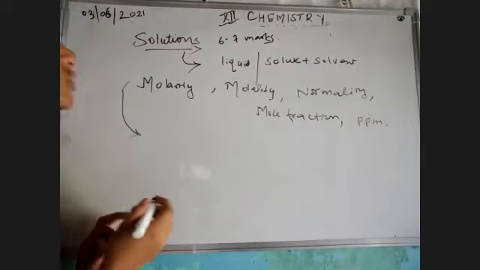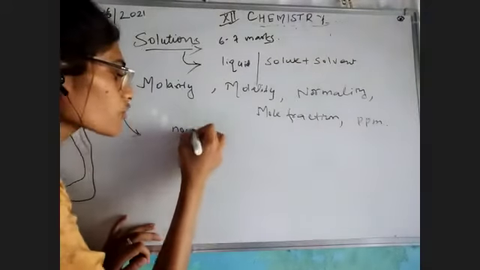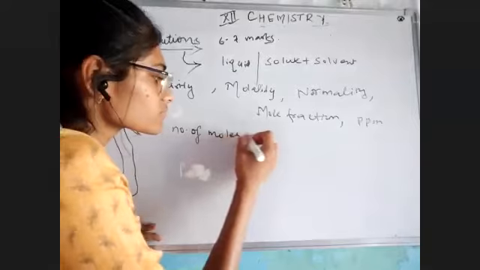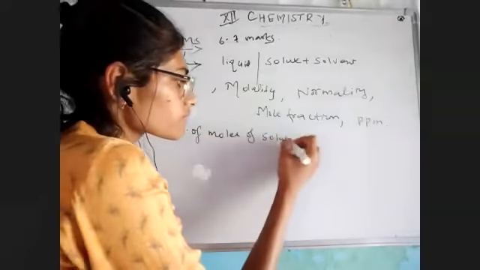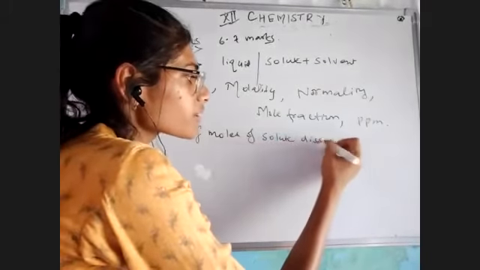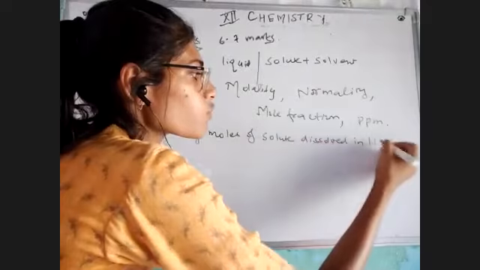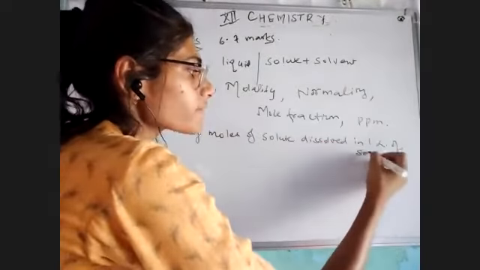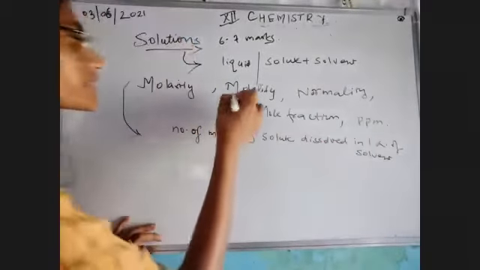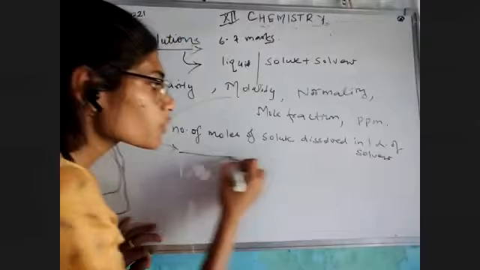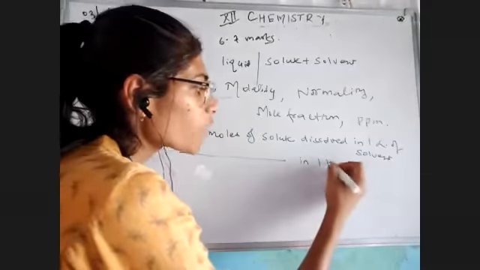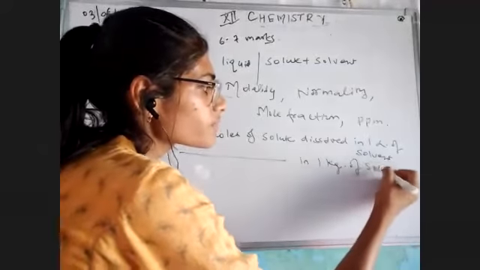Molarity, you know the definition of molarity: the number of moles of solute dissolved in 1 liter of the solution. Whereas molality is the number of moles of solute dissolved in 1 kg of the solvent.